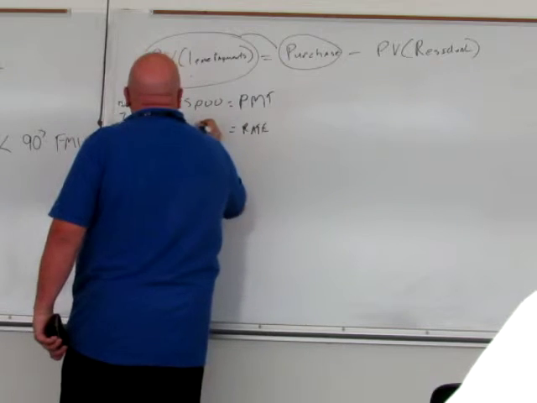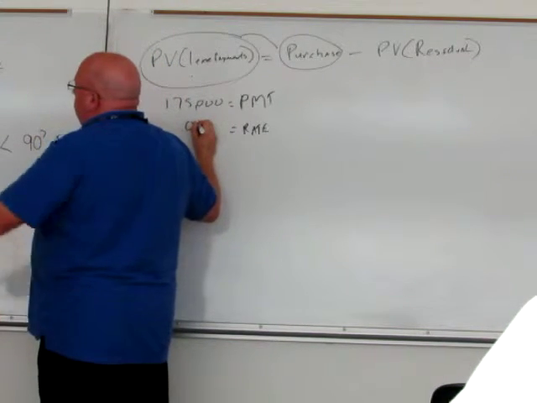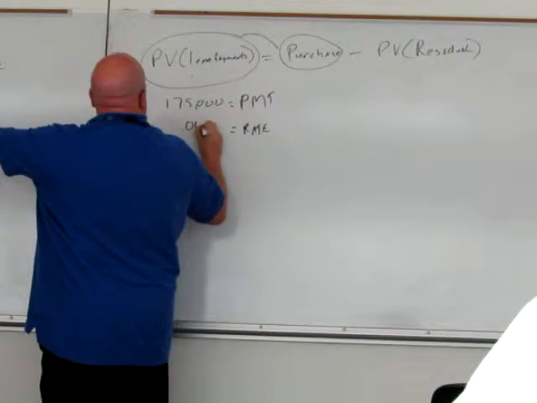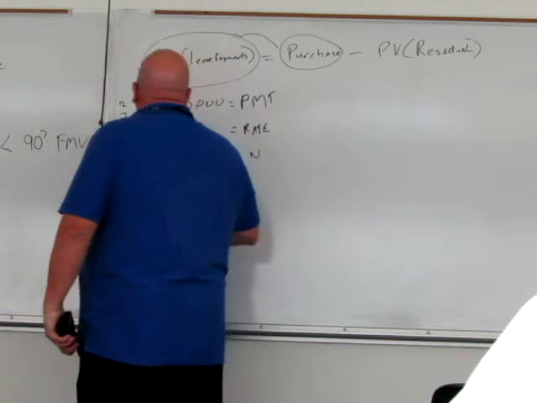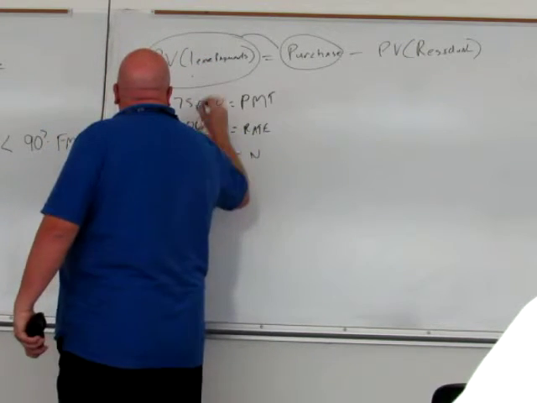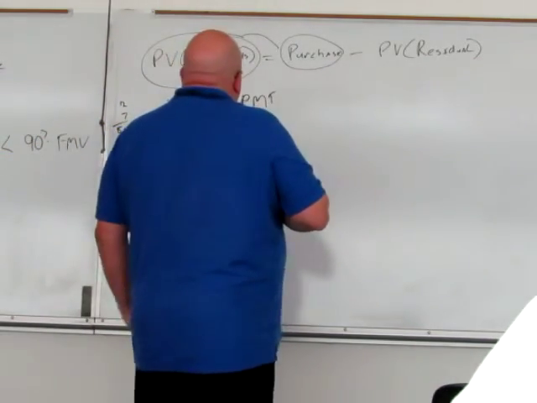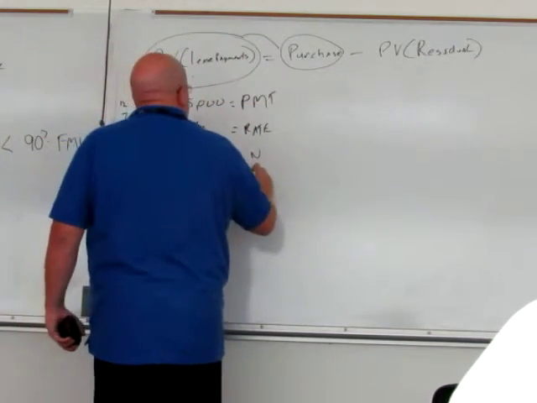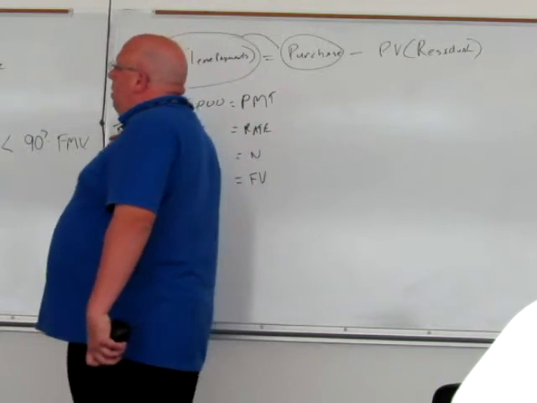So what would my rate be? 0.06? Okay. What about my N? 84. What else? Future value. What do we say for future value?